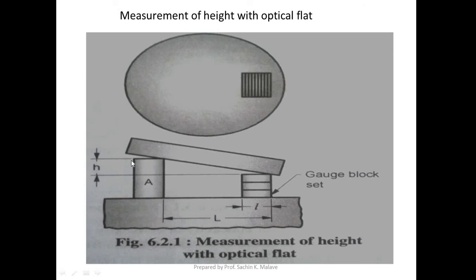So each dark band seen over the optical flat represents a distance change of half the wavelength between the optical flat and the workpiece. The meaning of the sentence is that one adjacent dark band represents a change of lambda by 2 between the optical flat and the workpiece. So the more dark bands, the more the height difference between the optical flat and the workpiece.